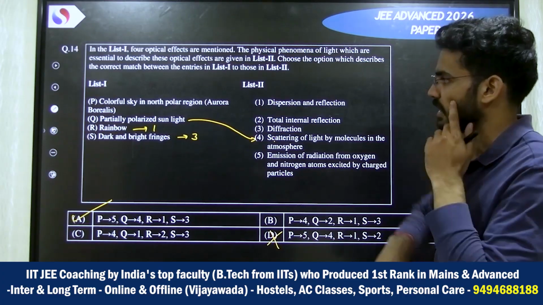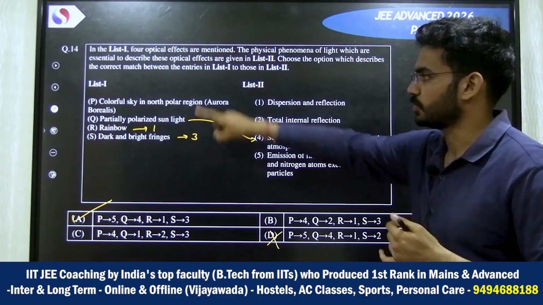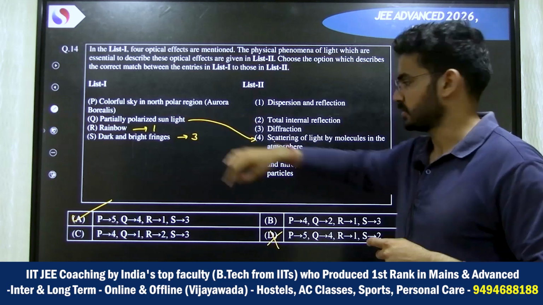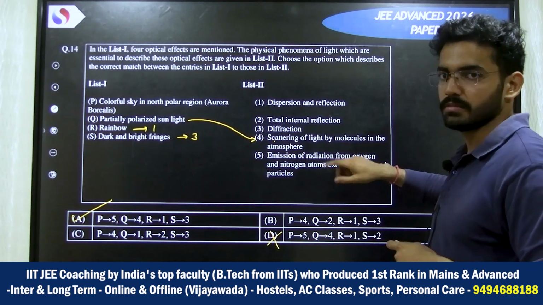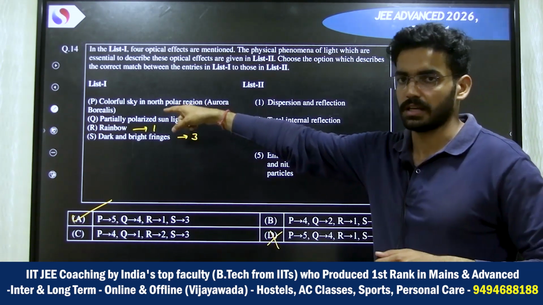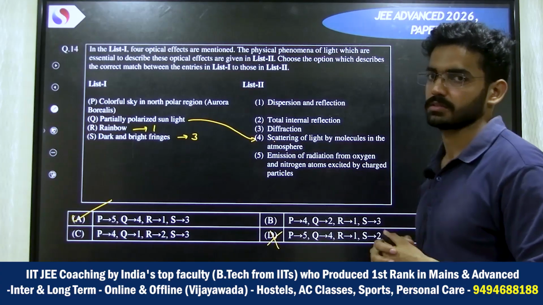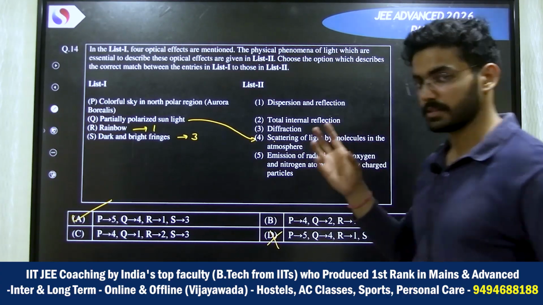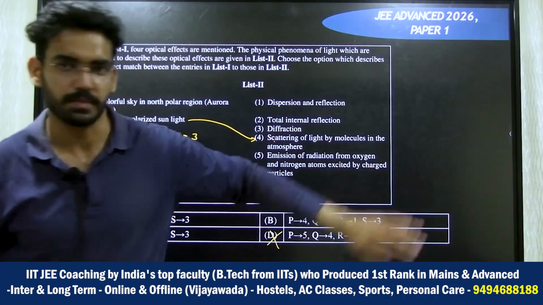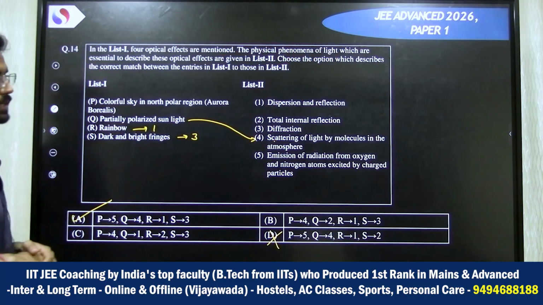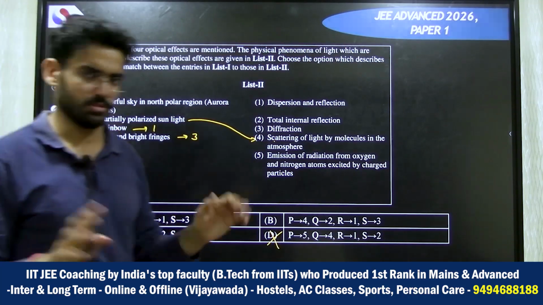But what happens is that on the North Pole there is a magnetic field, so there are charged particles here, and they come in contact with the sunlight, that time it happens. In the very high magnetic field region, when the charged particles come in contact with the sunlight, that time. Okay, as far as I know about these things.